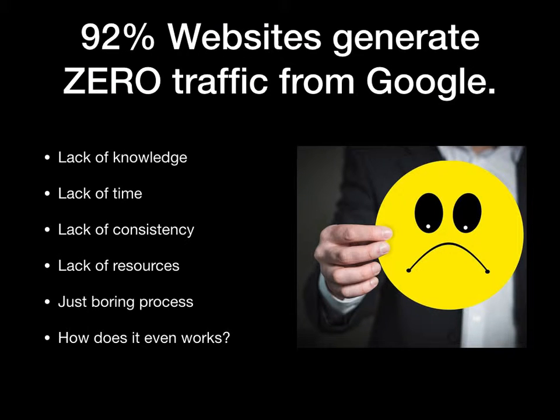Now, the problem is that 92% of websites generate zero traffic from Google. It means that your website, your Shopify store, or your sales page might appear on Google, but on the second, third, fourth, or fifth page.